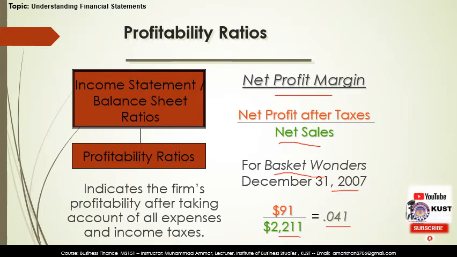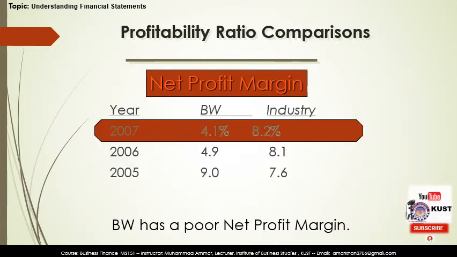We also compare this ratio with the industry average ratio to see whether Basket Vendor is doing well or is on average compared to others. So let's see the net profit margin of Basket Vendor by comparison to the industry average.